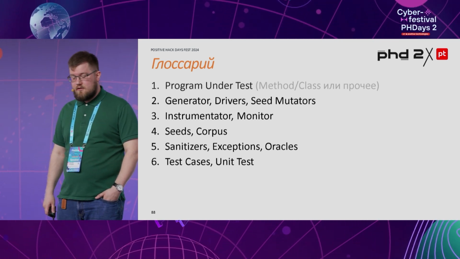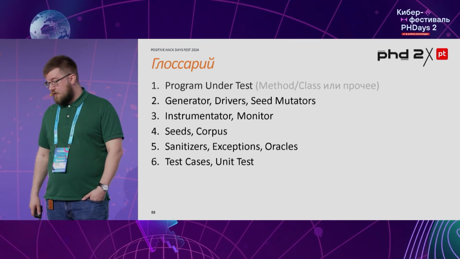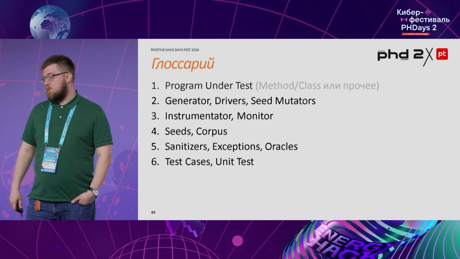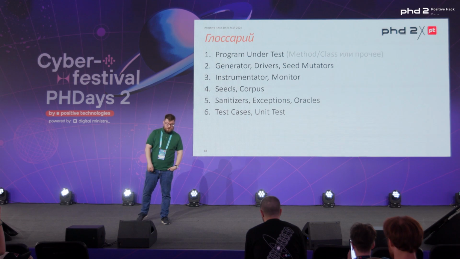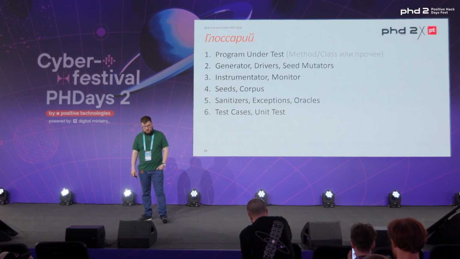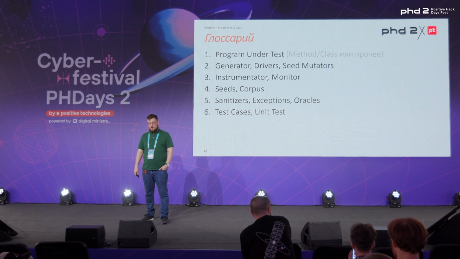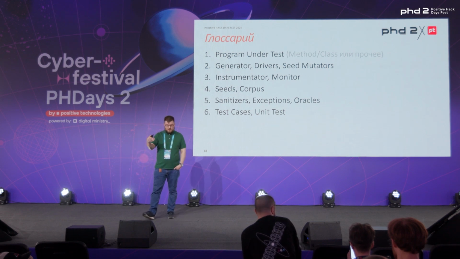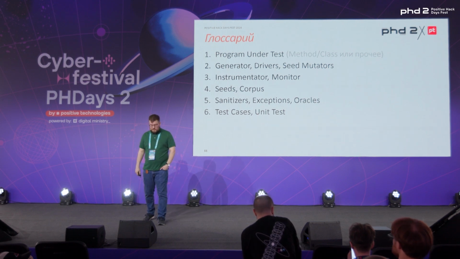They are called generators, drivers, seed mutators, targets. I'm going to give you more details on that later. Next, we also need instrumentators and monitors, and these are the tools that allow us to evaluate whether the incoming seed value is going to be useful.